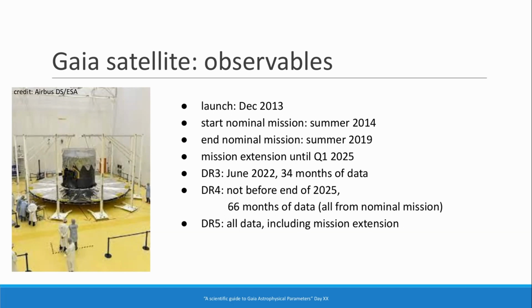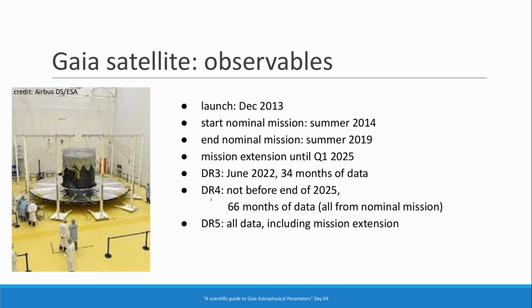We have had a couple of data releases in the past years. Most recently, we had the third data release in June last year, which contained the data from the first 34 months of the operations. So not yet the full data from the nominal mission.